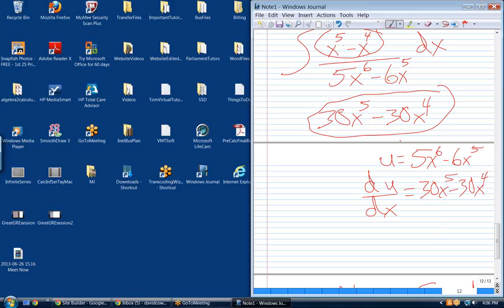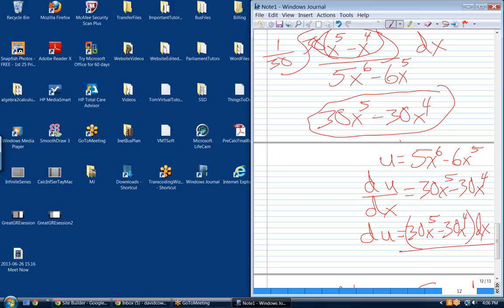And I've got that in my numerator, minus the 30. Let me put a 30 right there and a 1/30th out there. So now I have du equals 30x to the 5th minus 30x to the 4th dx.